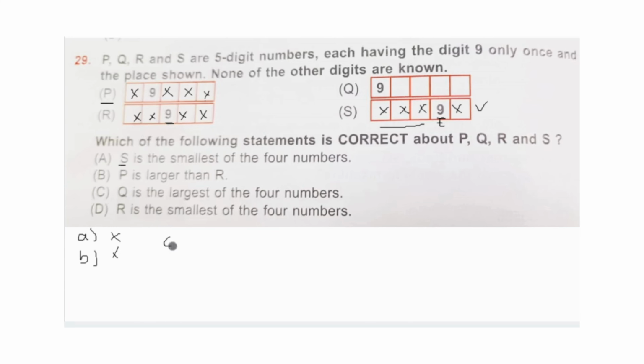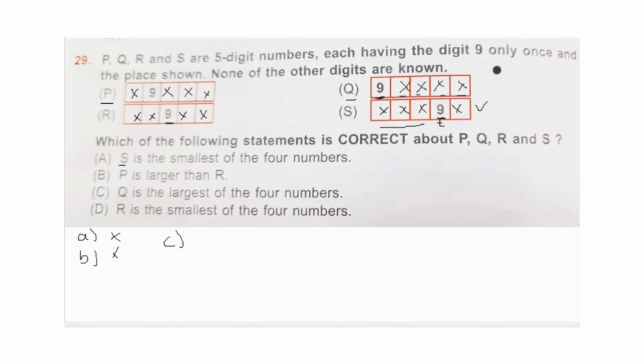Let's see option C. Option C says Q is the largest of the 4 numbers. Here, for Q, let's write X, X, X, and X. In Q, the 9 is at the 10,000s place, right?